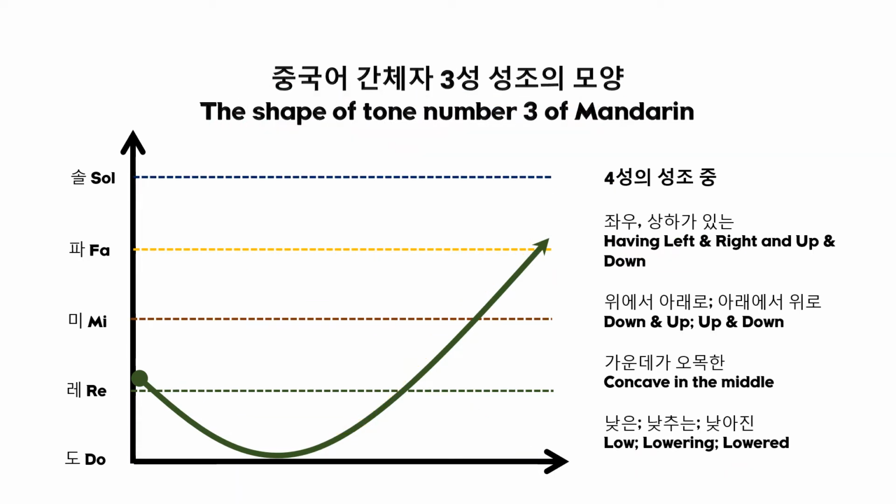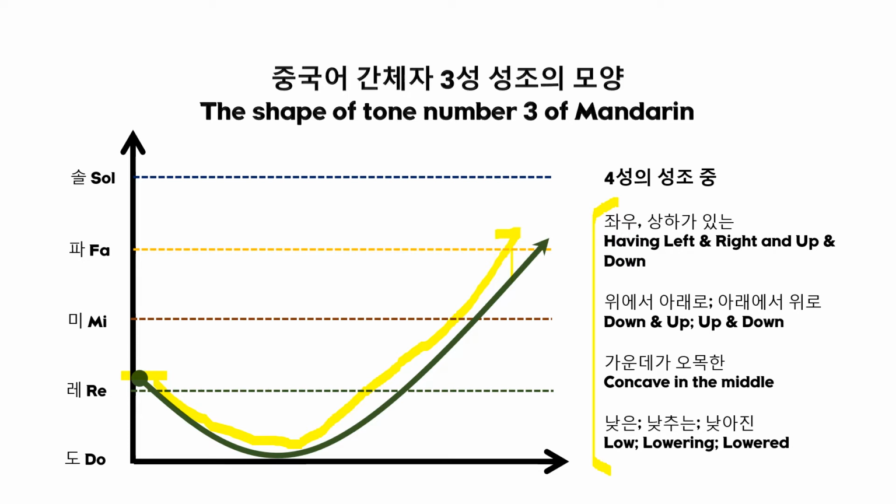We are going to derive four major concepts from the shape of the tone number 3. It starts from here, goes down, and goes up again. So from this shape, please focus on the English.